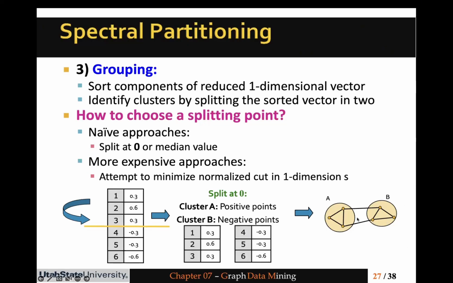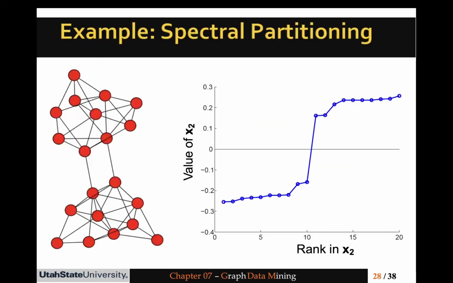So A and B in this case are the two clusters that have been found using the spectral clustering or spectral partitioning method. This is an example of ranking all the vector values of all the nodes from the negative all the way to the positive and using 0 as the splitting condition.